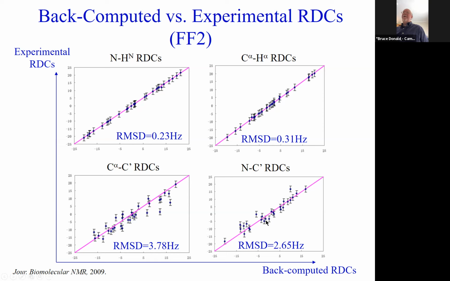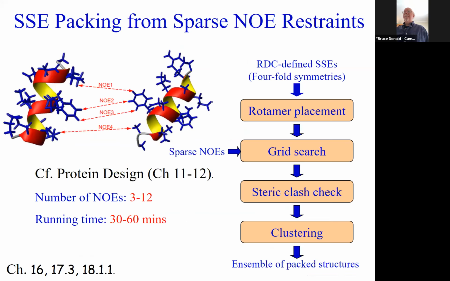So you can see the errors here. NH is the best, CH is pretty good. The signals are weaker for C alpha carbonyl and for nitrogen carbonyl, so the fit isn't as good. This is pretty typical in this area. So you can use this data, but it tends not to be quite as accurate. So this is a case of actually using 4 RDCs per residue.